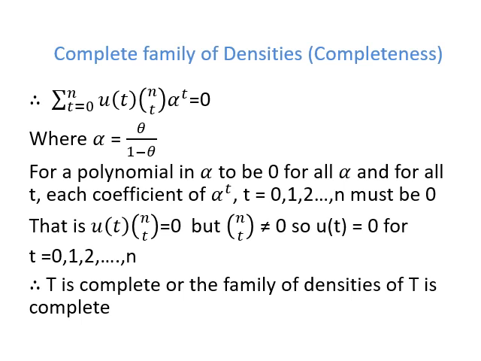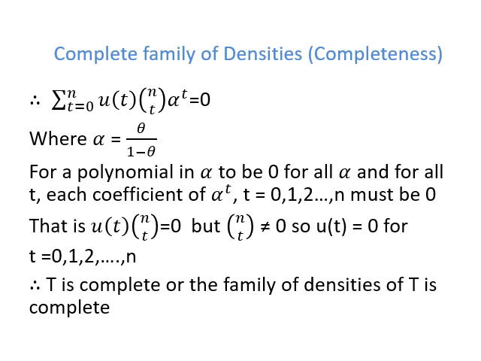So in order for this polynomial to be equal to 0 for all alpha, each coefficient of alpha^t should be equal to 0. We must have that u(t) n choose t equals 0 for all t. So again, I will repeat: now we have a polynomial in alpha.